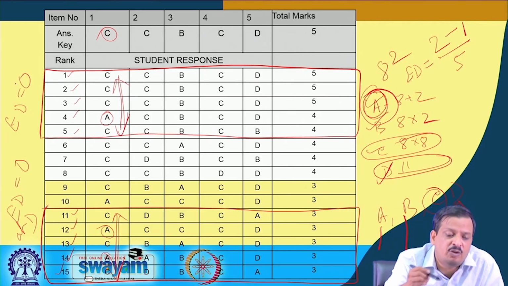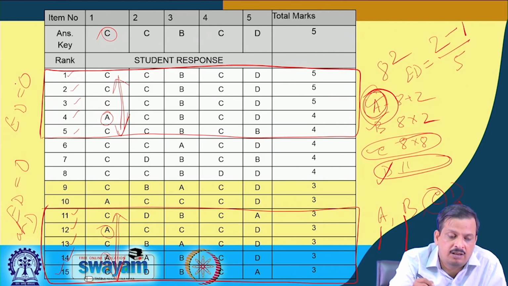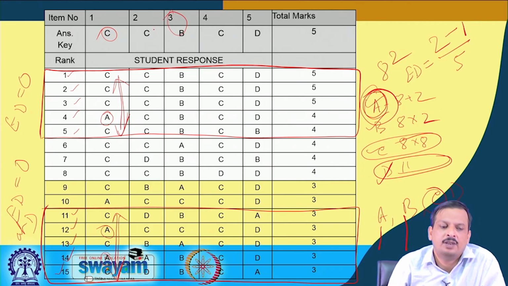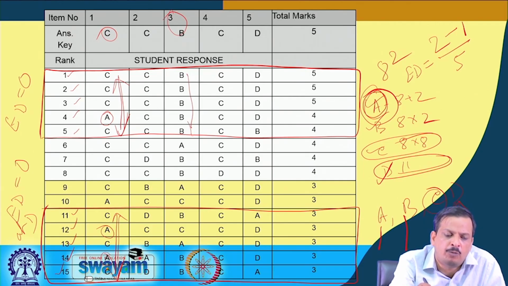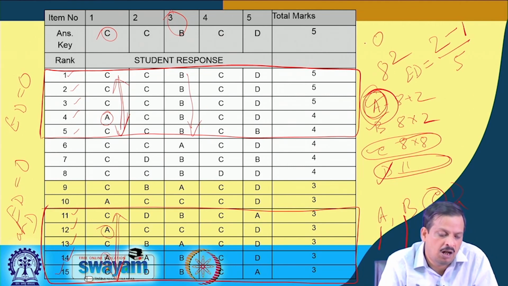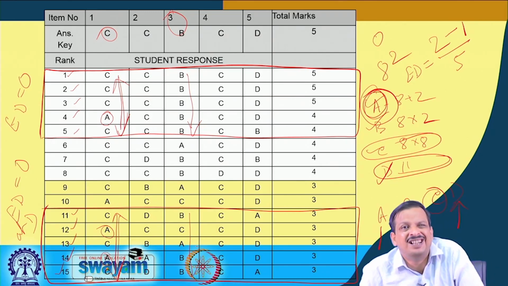Similarly, suppose I want to calculate the distractor capability of option D in test item 3. How many students in the upper group chose D? Nobody, 0. How many students in the lower group chose D? Nobody, 0. So, ED is 0.